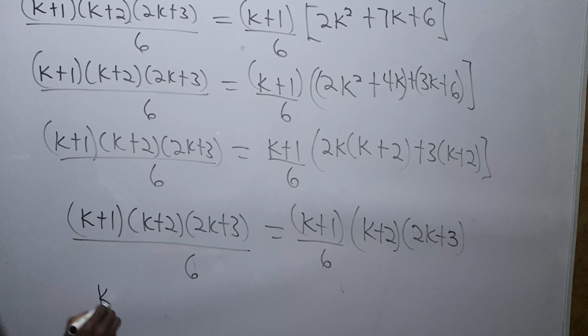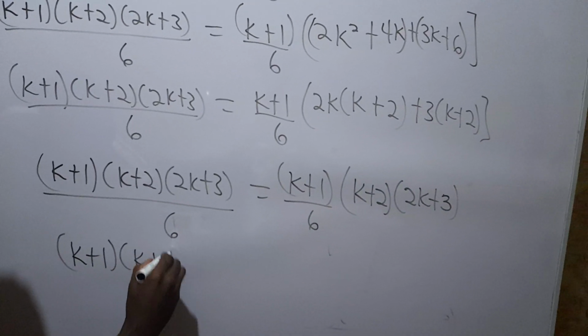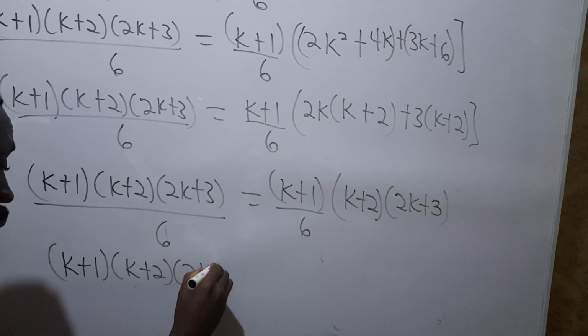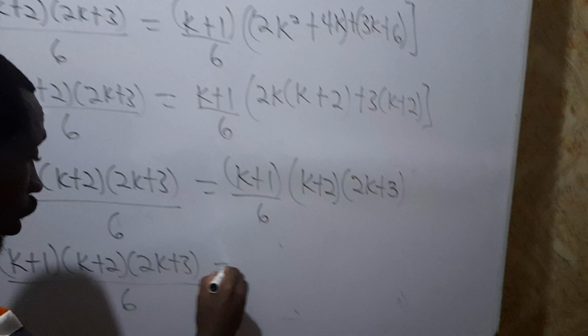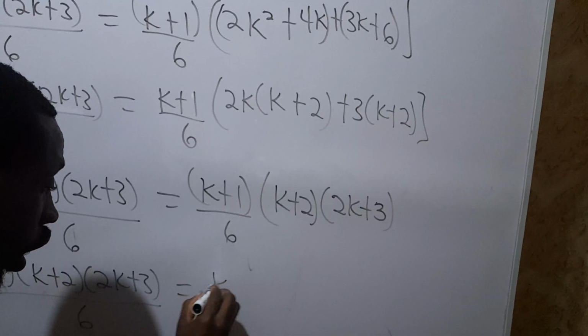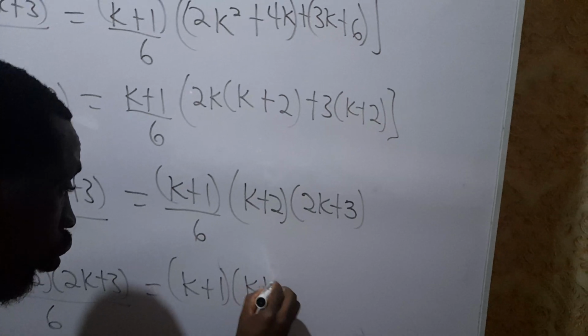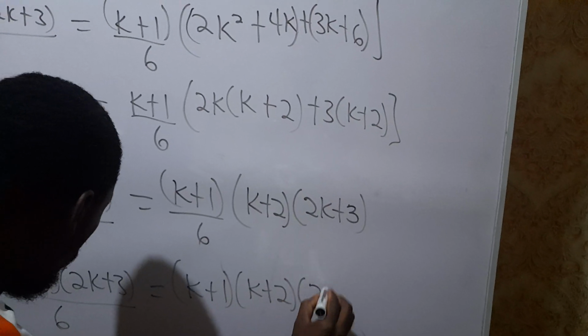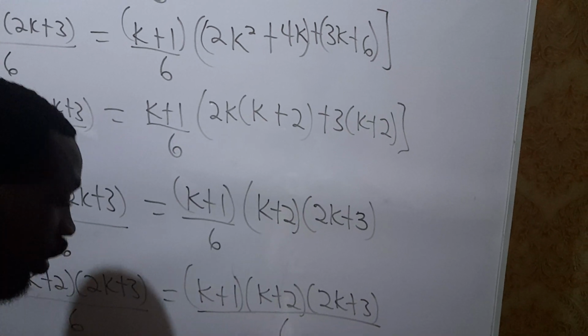So we have (k plus 1)(k plus 2)(2k plus 3) all over 6 should be equal to (k plus 1)(k plus 2)(2k plus 3) all over 6.